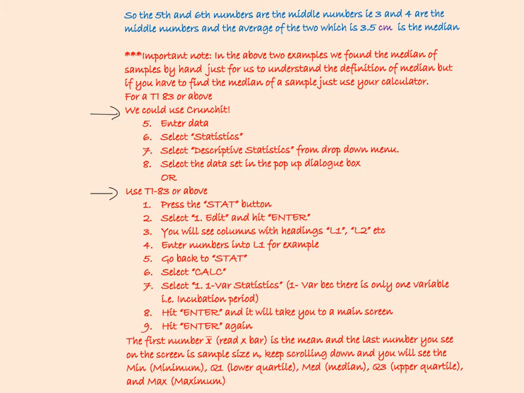You're also going to see the minimum and the maximum. You're going to see the sample size. You're also going to see what's called the standard deviation, which we'll discuss at the end of this chapter. So if you follow the instructions, one of the numbers will be the median.